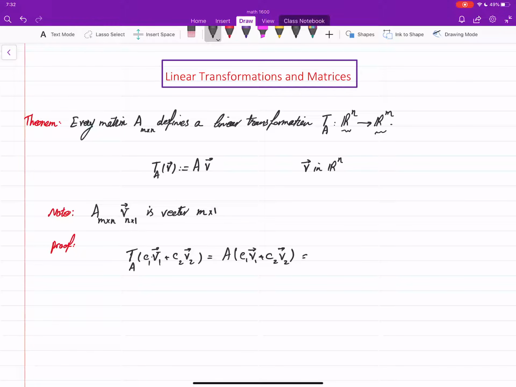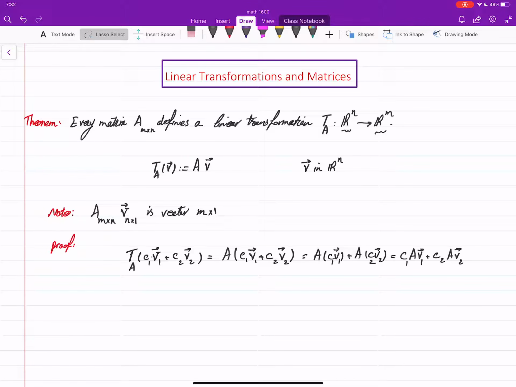We know that matrix multiplication works nicely with addition, so it distributes over addition. It gives A C1V1 plus A C2V2. And then matrix multiplication and scalar multiplication are nice together, so this will be C1 AV1 plus C2 AV2.